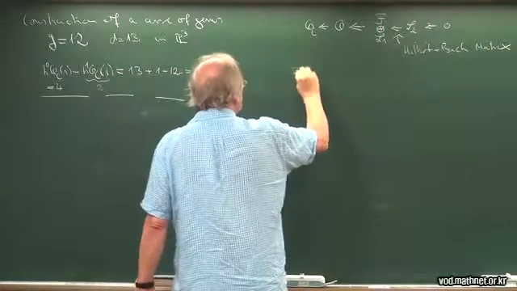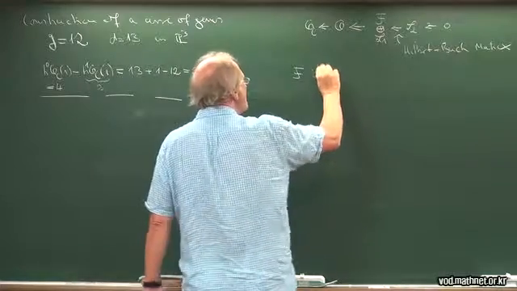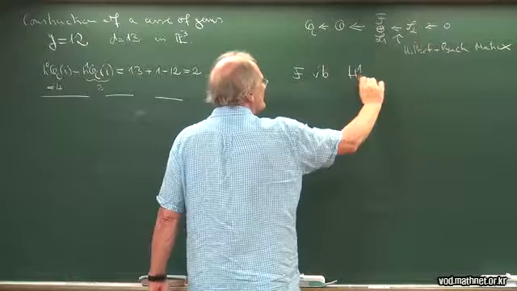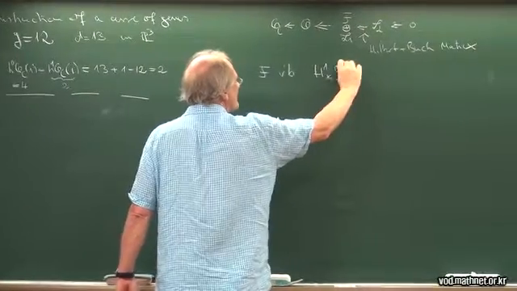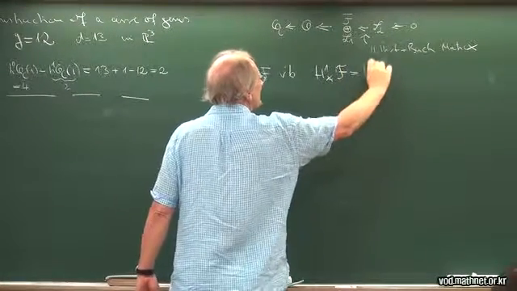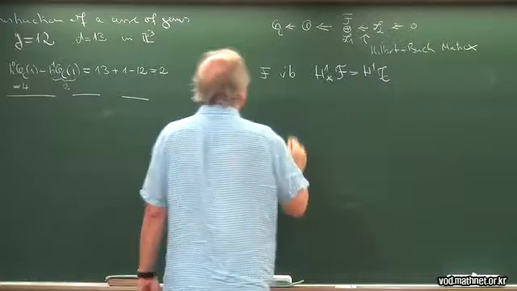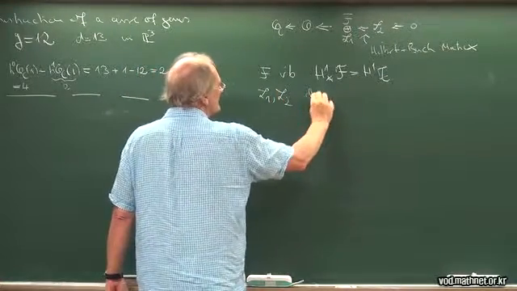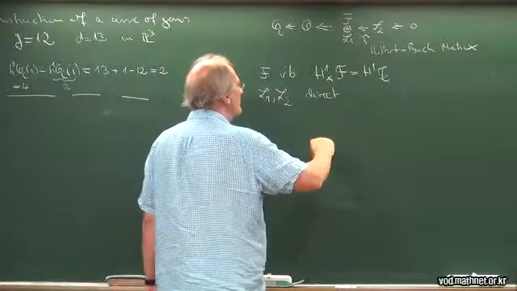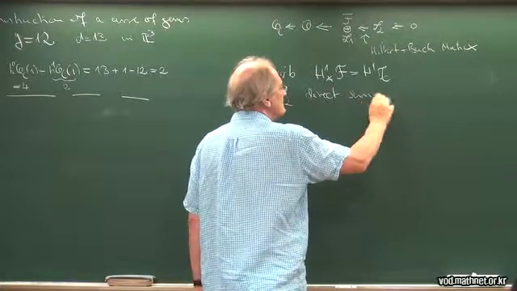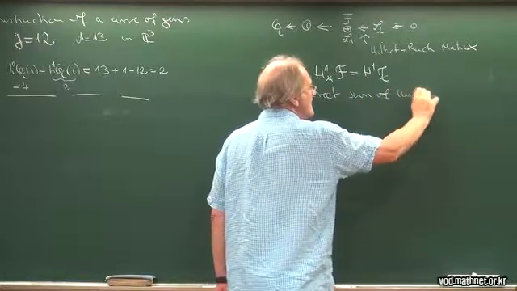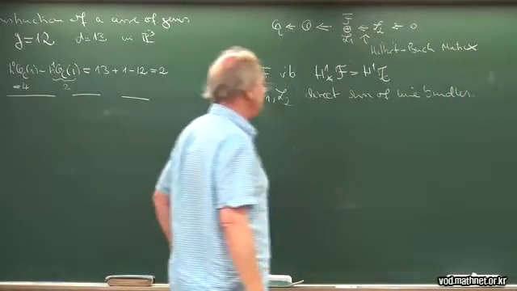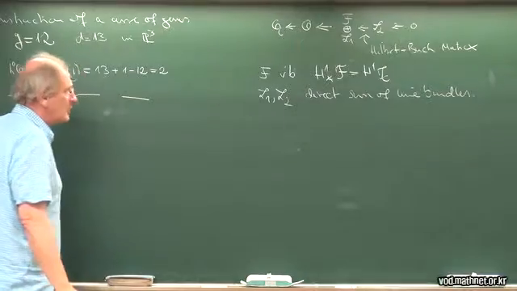F will be a vector bundle, and H1 star of F should be H1 star of the ideal sheaf, and L1, L2 should be direct sums of line bundles, so they won't have any middle cohomology. So that's the general approach I'm going to take.